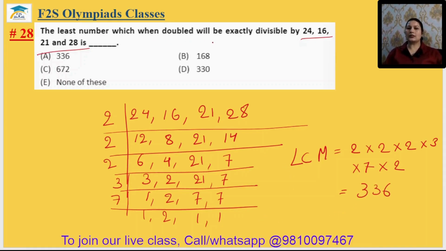Now the question is asking about the number which, when doubled, will be divisible by this set of numbers. So it means we have to just halve it. So the required number is 336 divided by 2, that is 168. It is available in option B. The 28th answer is option B.